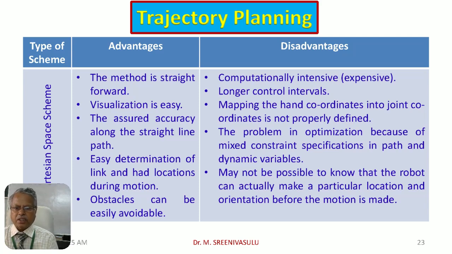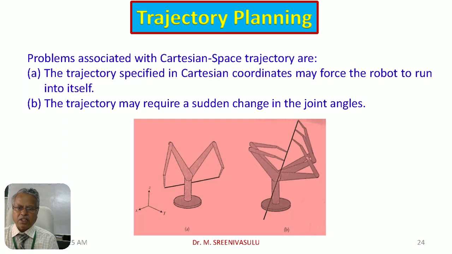As an advantage, it is easy for you to avoid obstacles during motion. Some of the disadvantages we have come across in joint space have been overcome here, and some of the disadvantages experienced here are overcome in joint space. So that's why we cannot avoid both. Each representation has its own usage at multiple different locations.